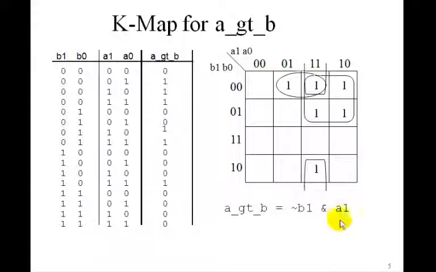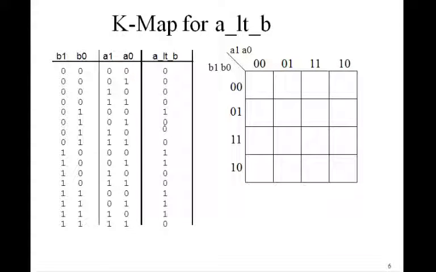This one will be not B1 and not B0 and A0. And the wraparound will be not B0 and A1 and A0. Okay, so that's the logic equation for A greater than B.